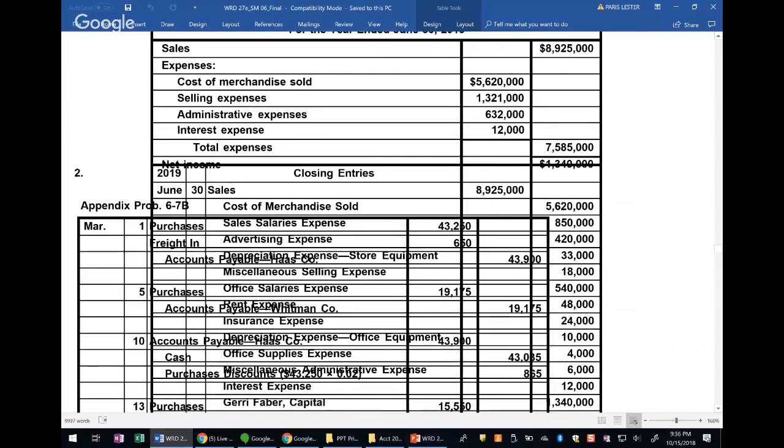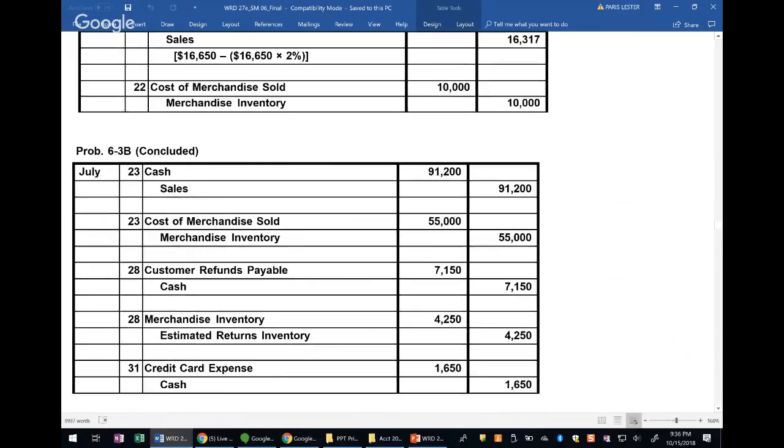Let me back up at the end of the others. Should be here.